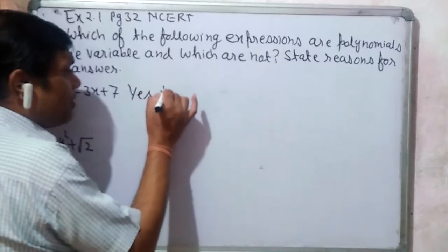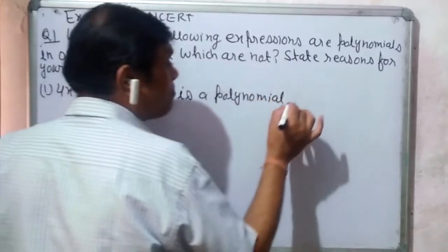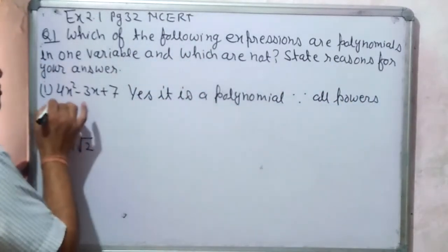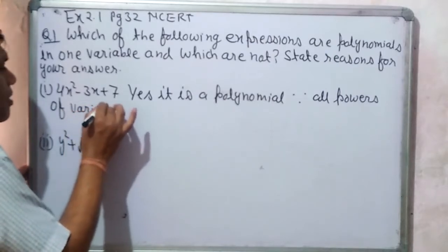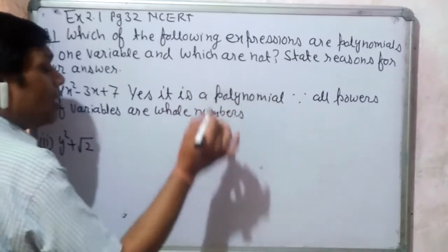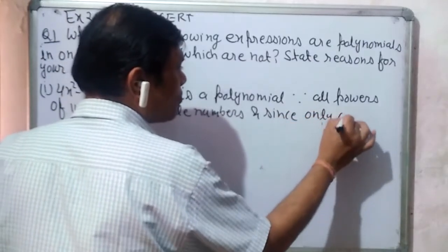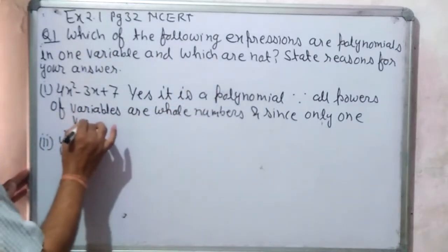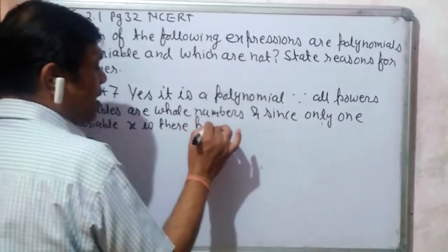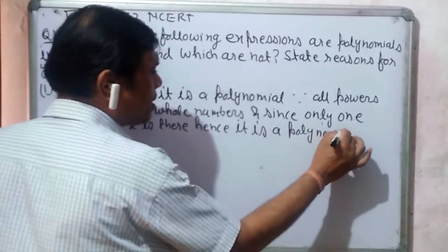Yes, it is a polynomial, because all powers of variables are whole numbers, and since only one variable x is there, hence it is a polynomial in one variable.